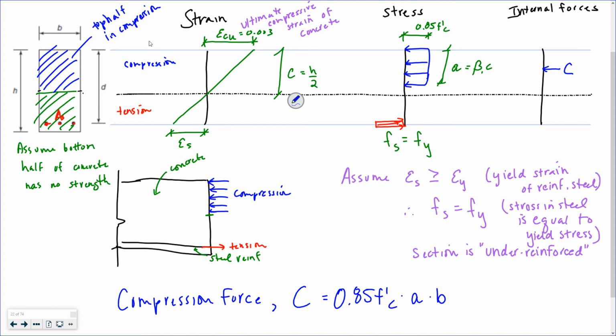I'm just multiplying this stress that happens over this blue area. The height of it, I'm assuming, is beta 1 C or A. So it could also be 0.85 F prime C, beta 1 C B. That's the same thing.